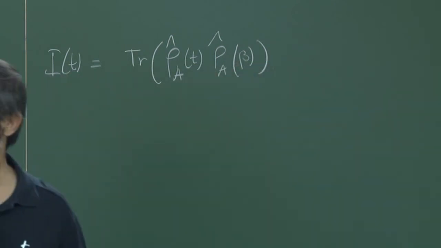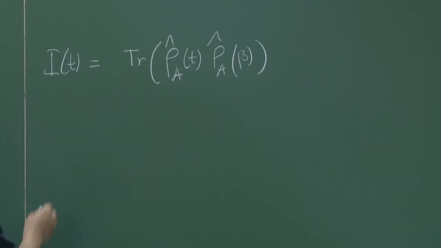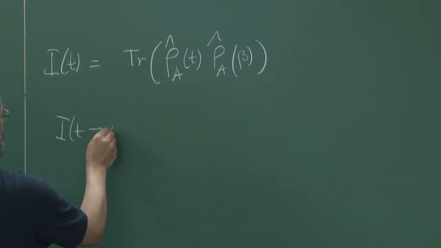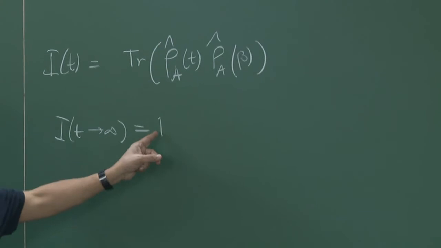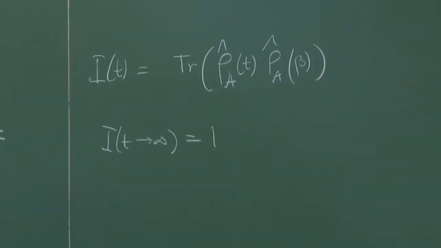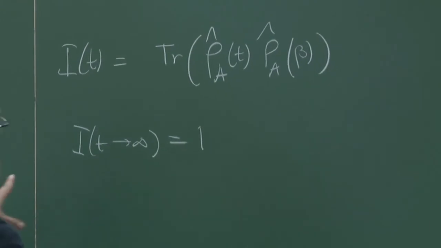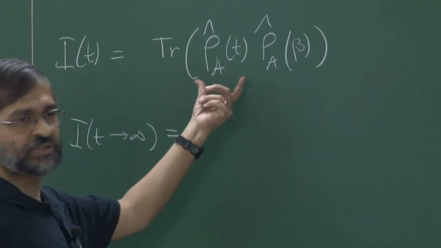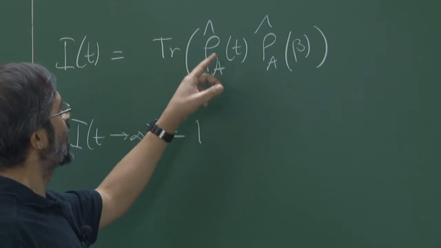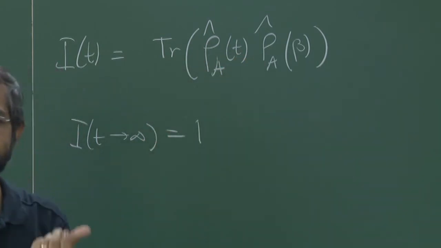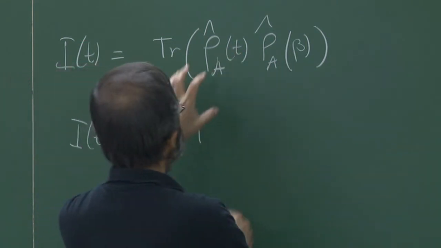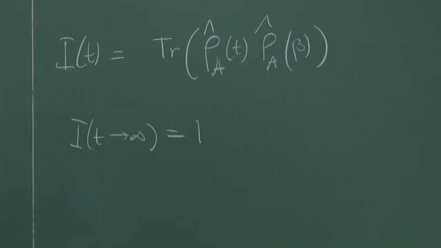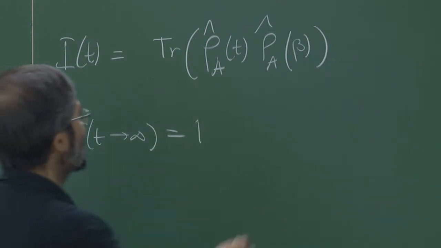And now suppose that you can show that I as t goes to infinity is equal to 1. Suppose you can show this, and then I will also tell you about the approach of I to 1. If you can do that, then this trace of rho hats, you can think of that as a scalar product.